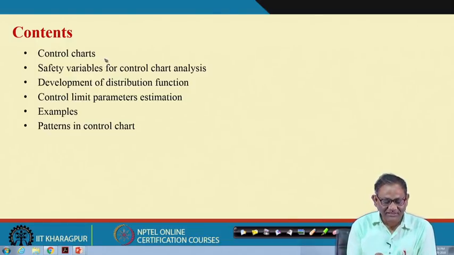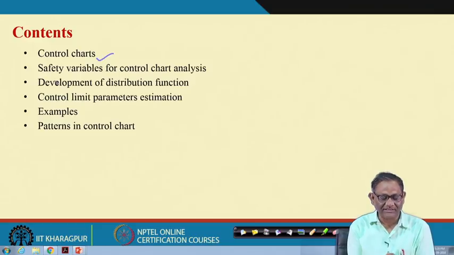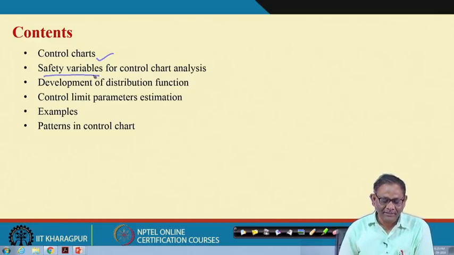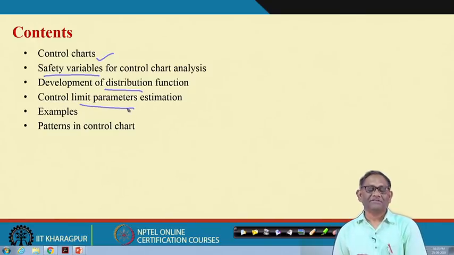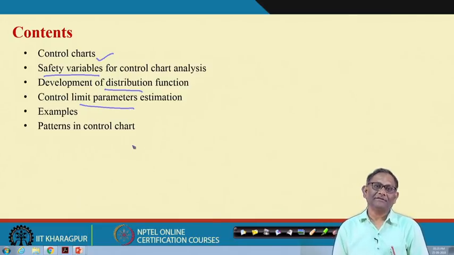We will first describe what we mean by control chart, and then we will see what safety variables can be used for control charts. Then we will see how these safety variables ultimately lead to different distribution functions, and then we will find out how the control chart parameters can be estimated, and then with certain examples we will revisit the things.